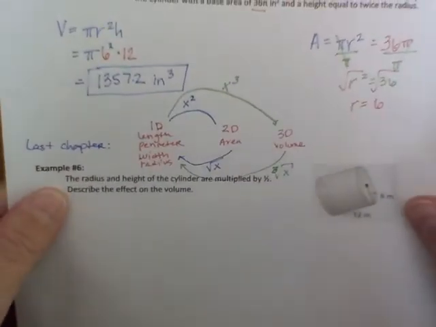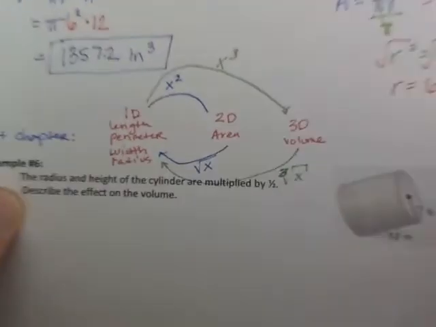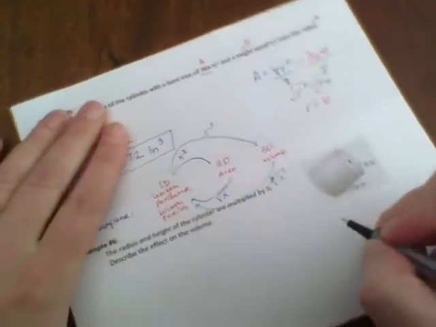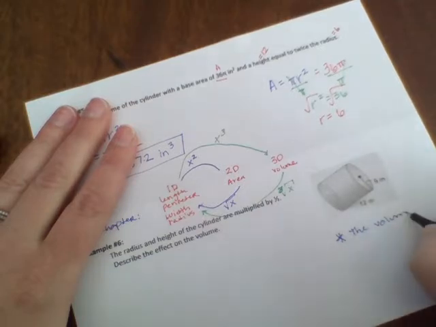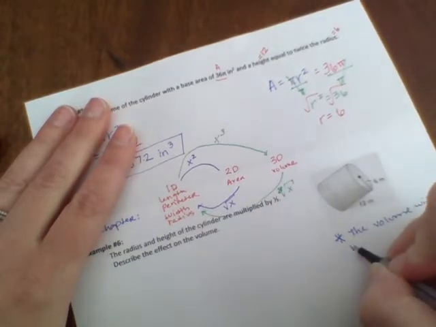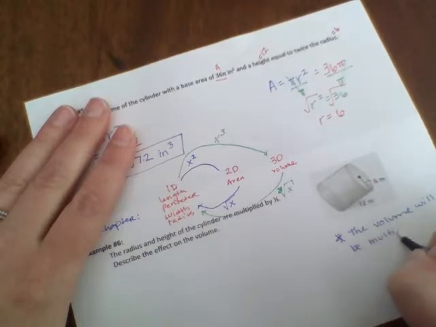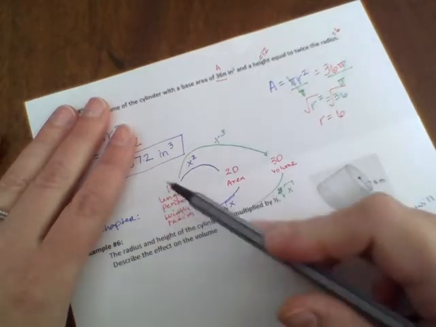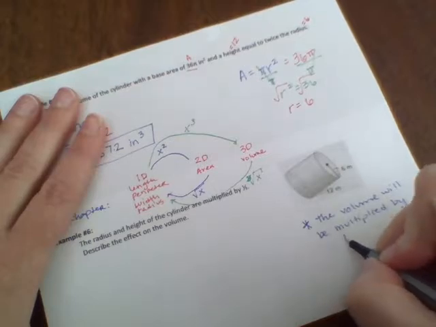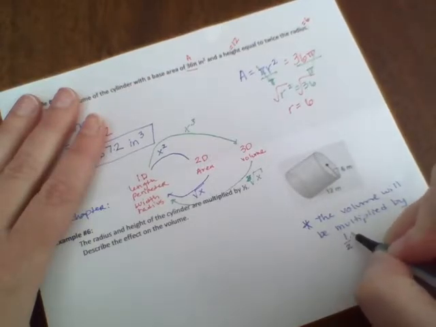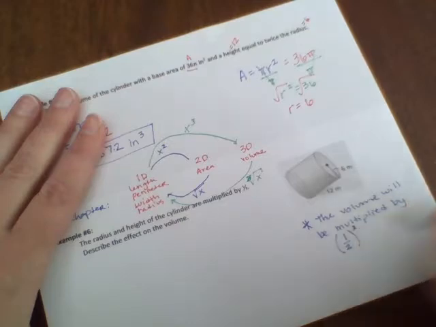So in this case, the radius and the height of the cylinder are multiplied by a half, and we need to describe the effect on the volume. And the idea that we are going to assume is that the volume will be multiplied by, because again, the height is length, and the radius is a length, and so we're going to take that half, and when we're talking about the volume, bring it to the cubed.